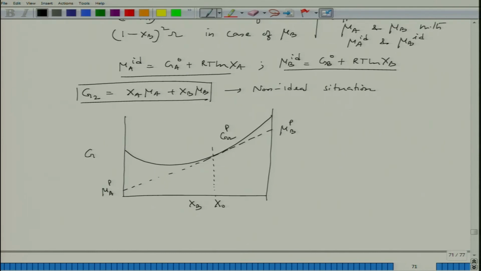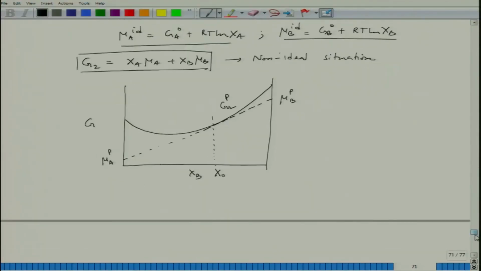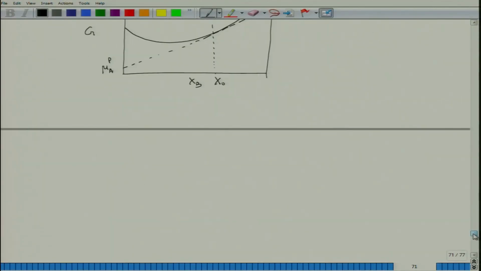So, it is exactly the similar trend, but the only thing is our free energy calculation needs to take care of ΔHmix or this omega term. Now, we have seen one situation already, which is ΔHmix equal to 0.